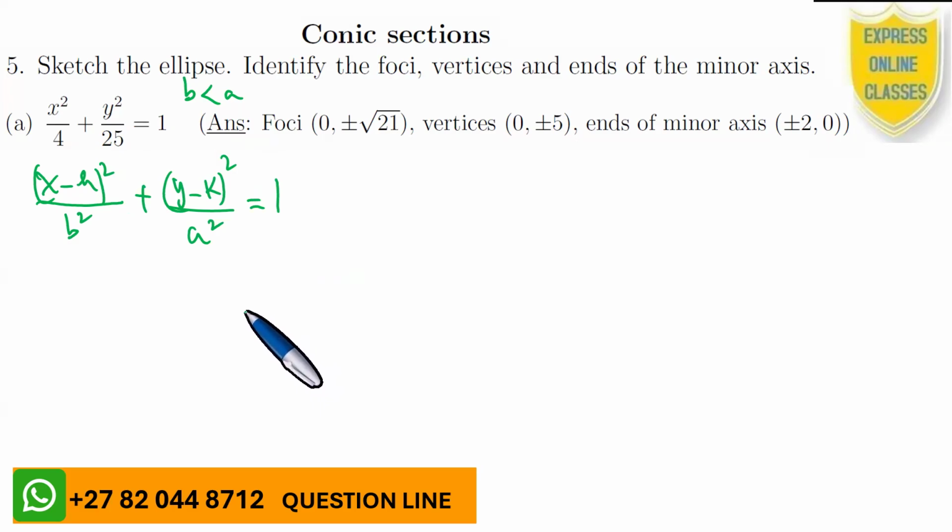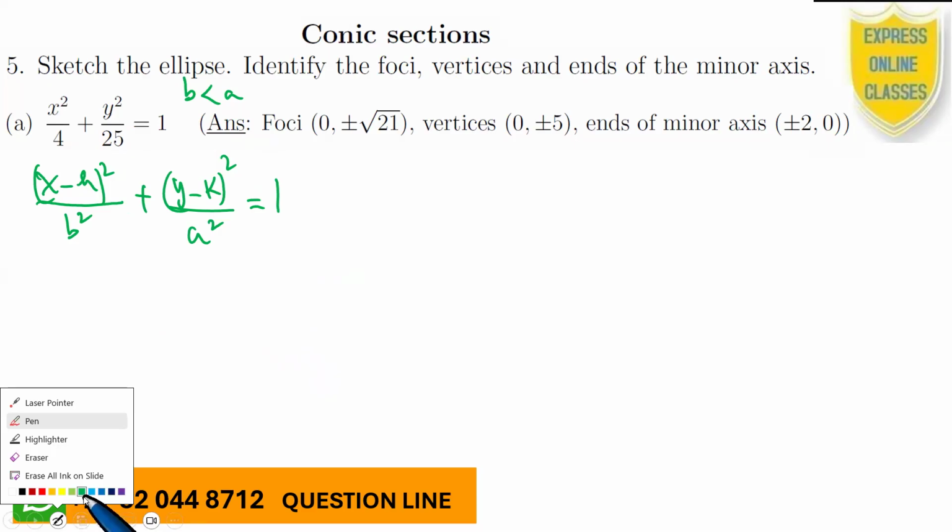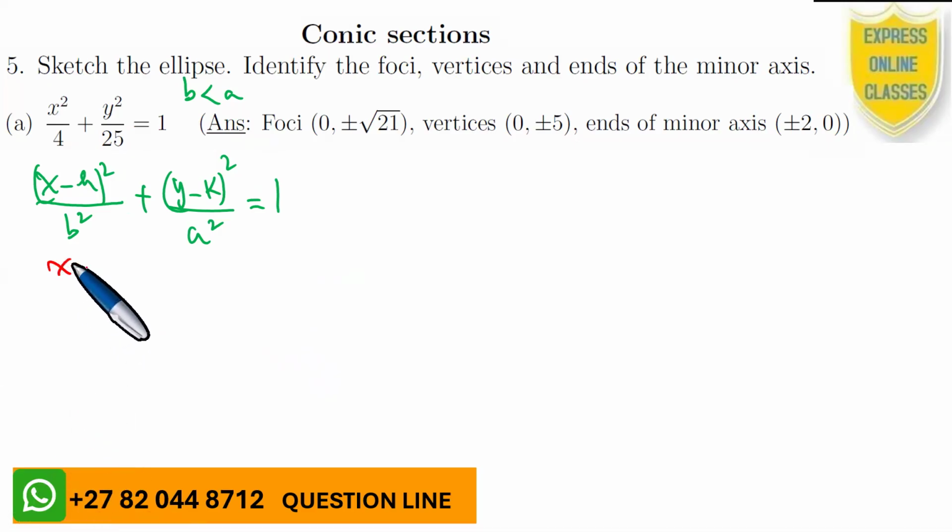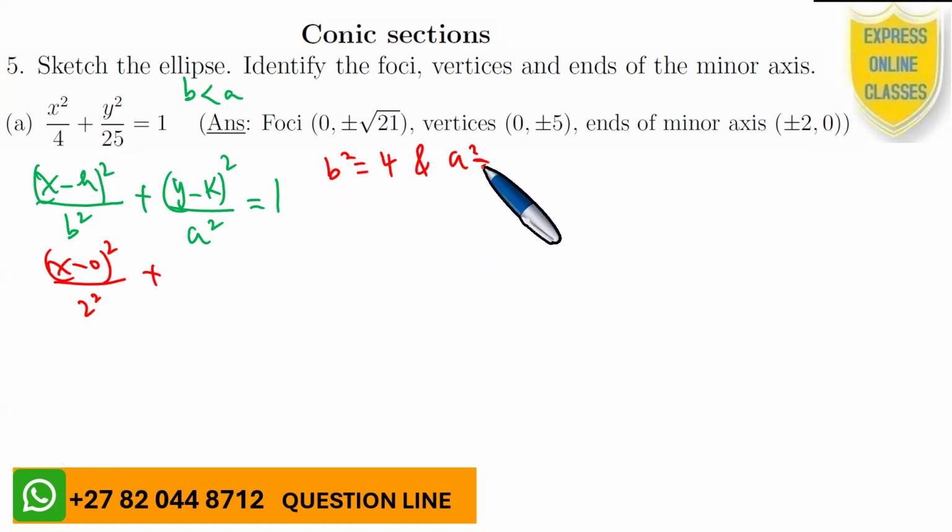And then writing that one out, we're going to have the following. X minus 0, you square it, you divide by 2 squared. Because of this, you're able to see that the b squared is 4. The a squared, the biggest one, is 25, which means b is 2, a is 5.